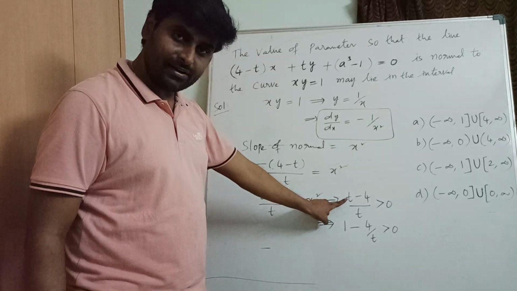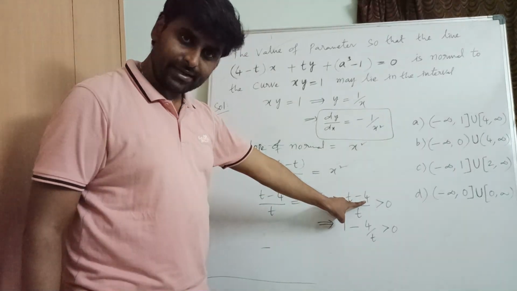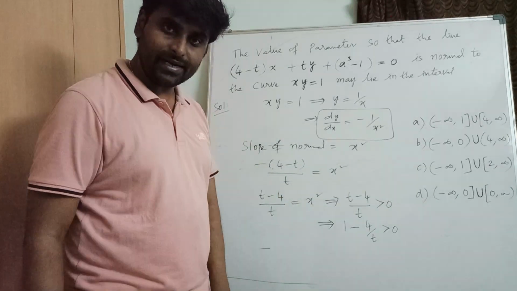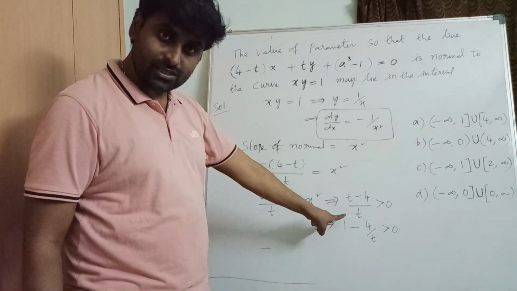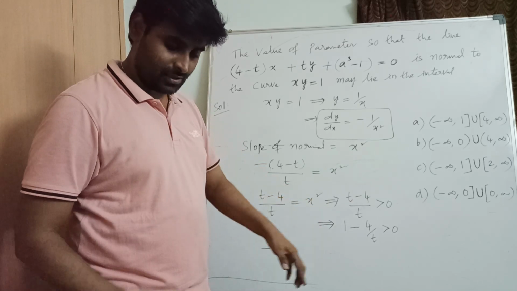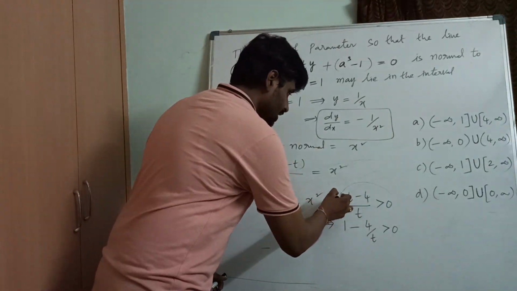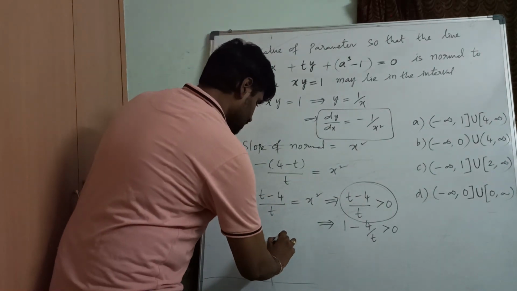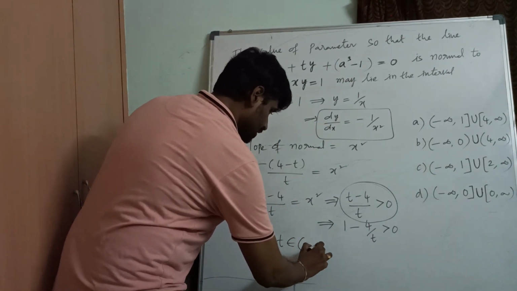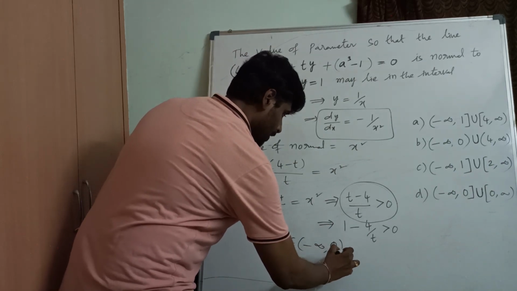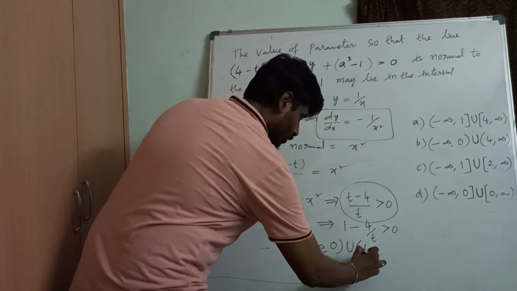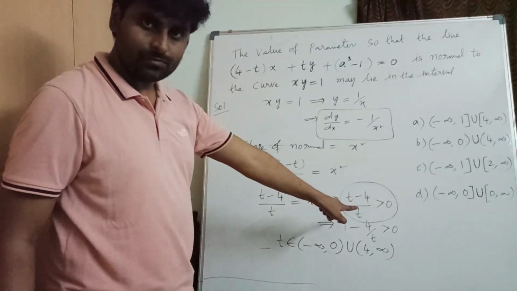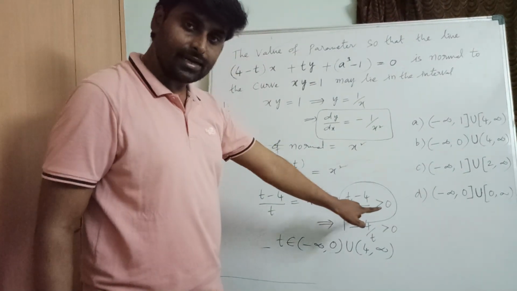If you substitute a negative value, the numerator is negative and the denominator also negative, so minus minus gets cancelled, positive, correct? So I can substitute values below 0 or above 4, not 4. I cannot substitute 4 there, as that will become 0, but we must get greater than 0.